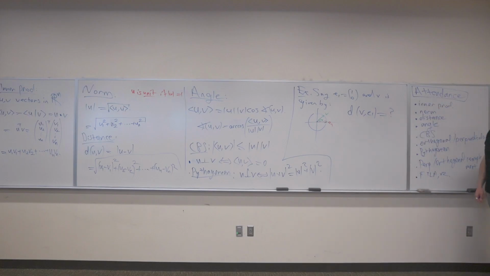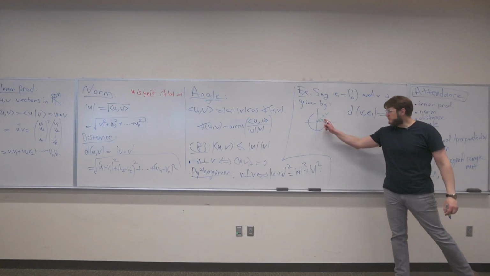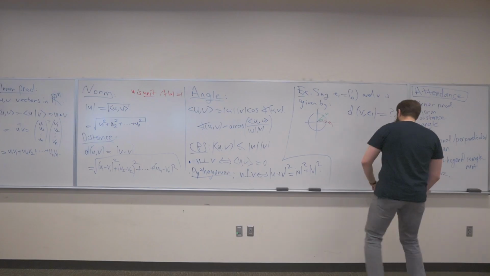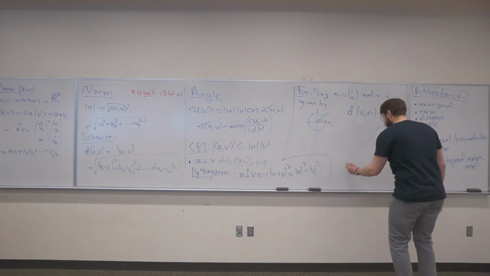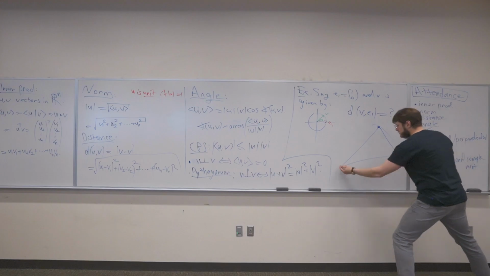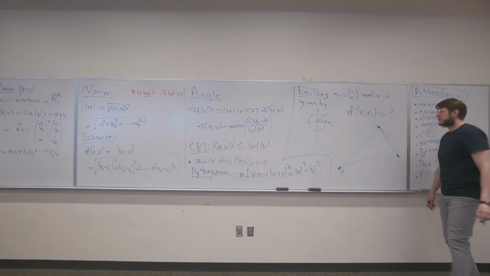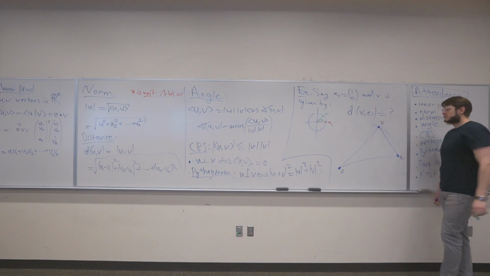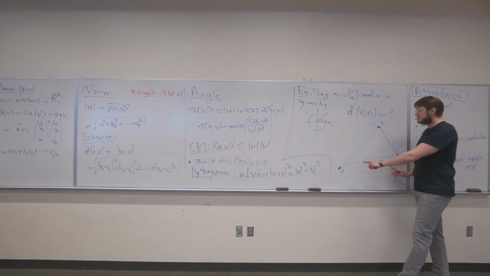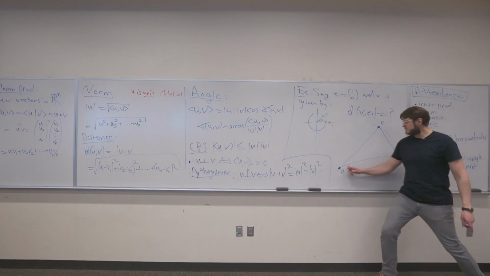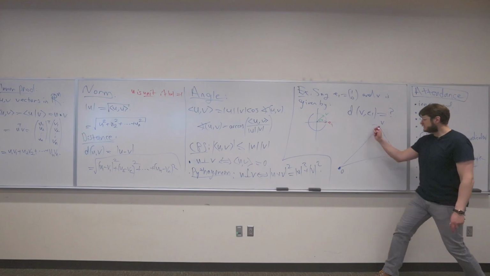Okay. Now let me just zoom in onto this triangle here. So it's like this. This is my 0. This is E1. This is V. Since both of these are on the unit circle, I know that for this triangle, this length is 1, and this length is also 1.